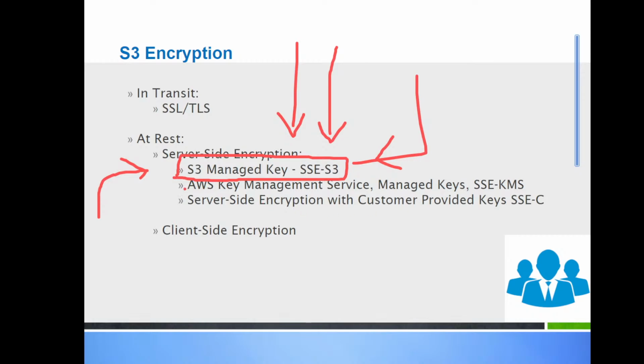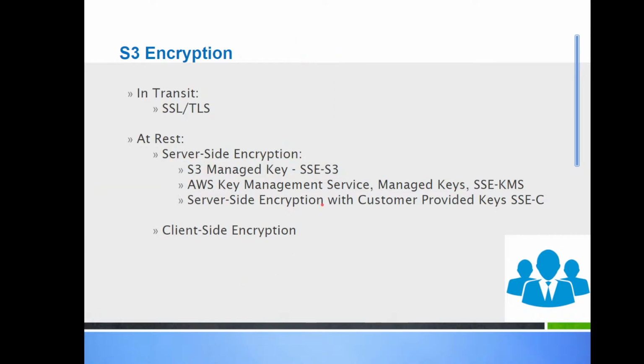Next is the AWS managed key. Here Amazon has provided a service where inside Amazon you can go and create your key. That is the Key Management Service. I will show you.